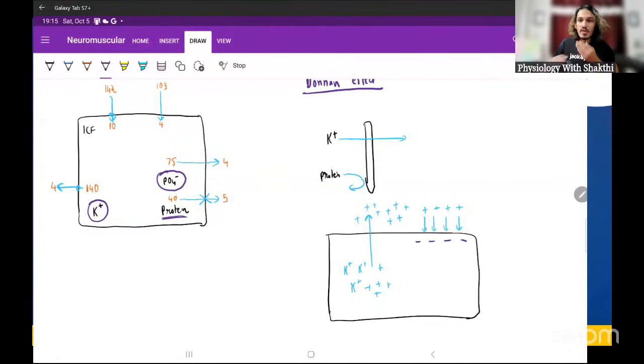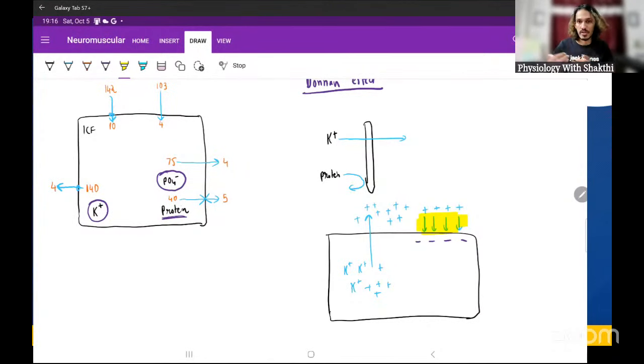If everything was permeable, you wouldn't have this problem. If a positively charged ion is going, a negatively charged ion is going to go. So you wouldn't have a membrane potential existing. But such a membrane potential just existed because of this Donnan effect.